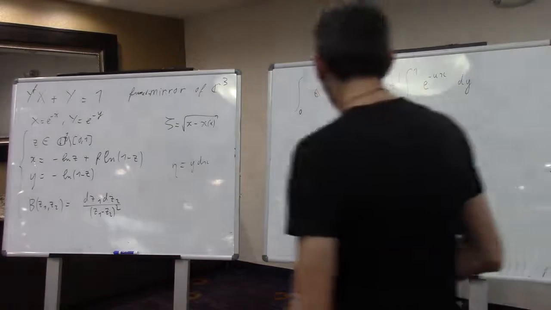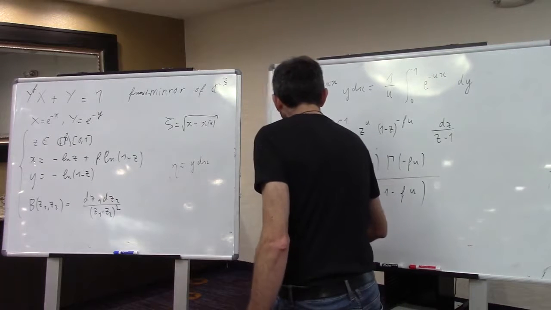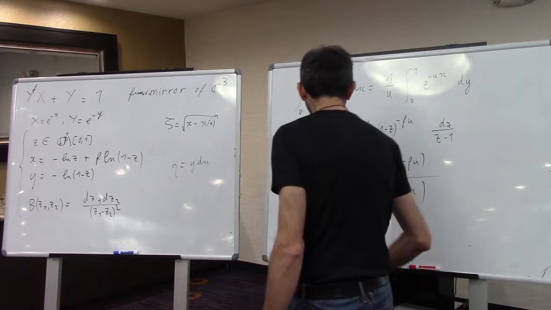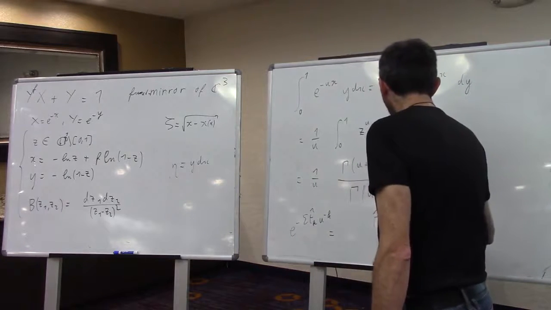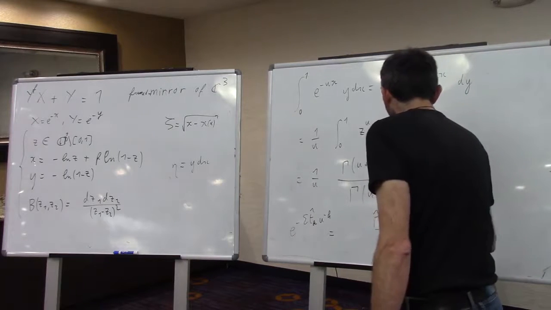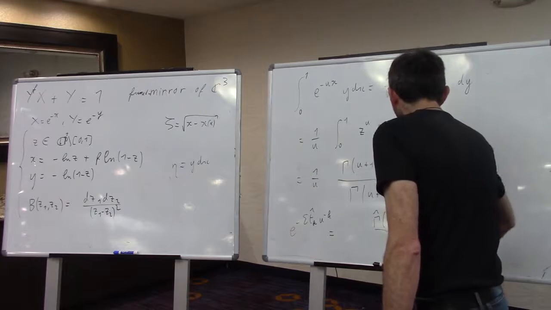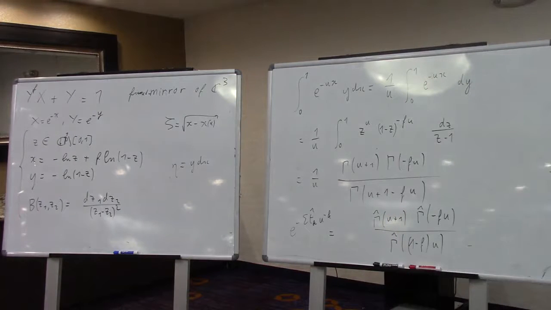And after you do that, you realize that your exponential minus sum of t hat k u to the minus k should be, well, let me write it this way, gamma hat of u plus 1, gamma hat of minus fu over gamma hat of u times 1 minus f, where gamma hat is basically the part of gamma where I have removed the leading term in the Stirling approximation.